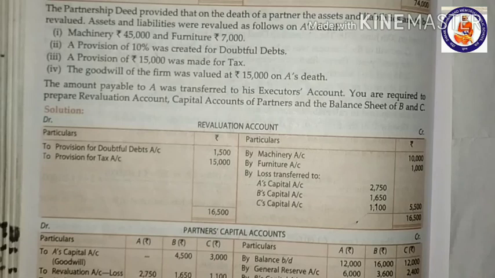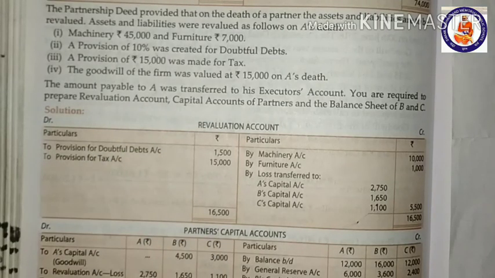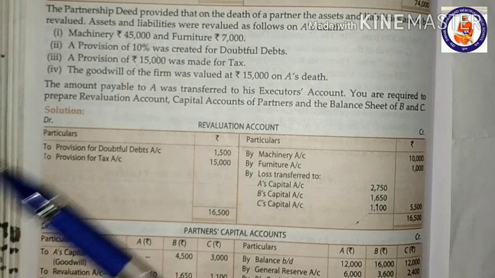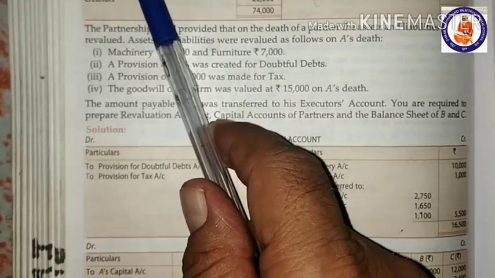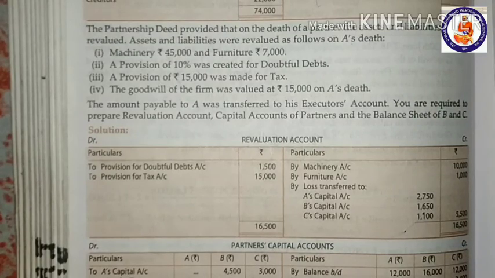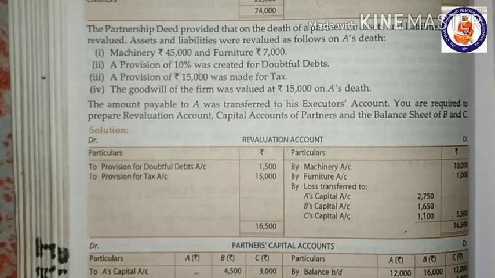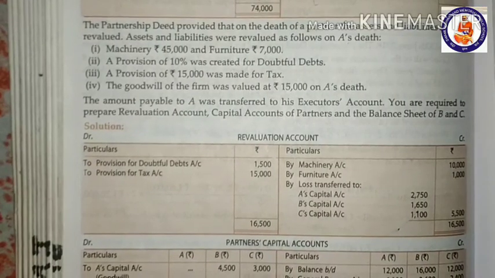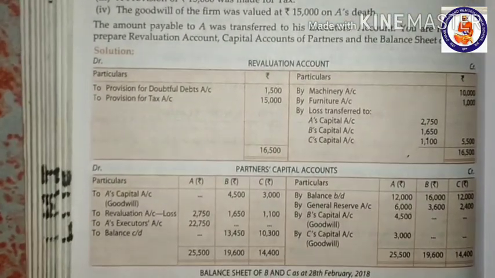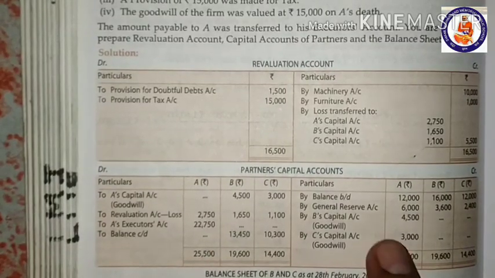So who will give how much? Because there is no new profit sharing ratio, the gaining ratio will be the same as the existing ratio, 3:2. So this amount is divided in the ratio 3:2, and debited, and A's capital account is credited.